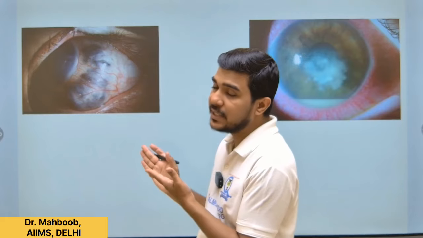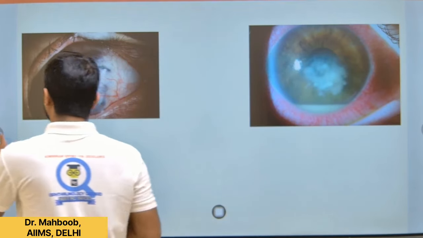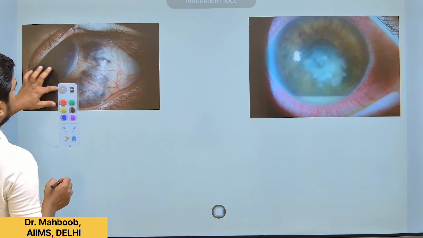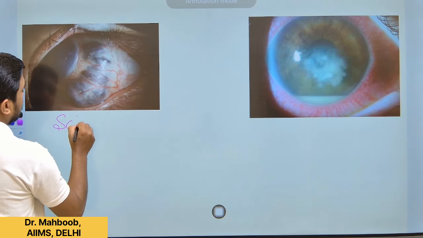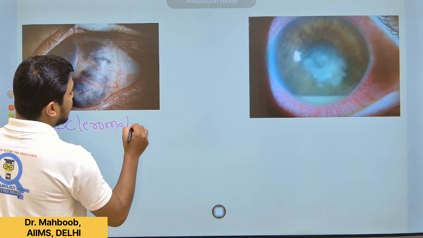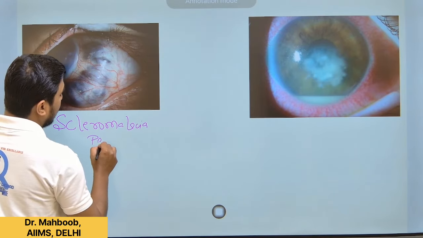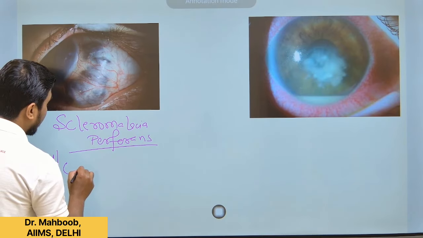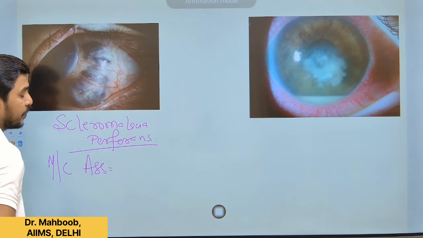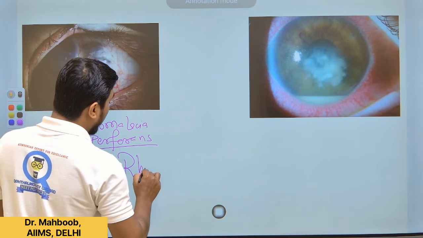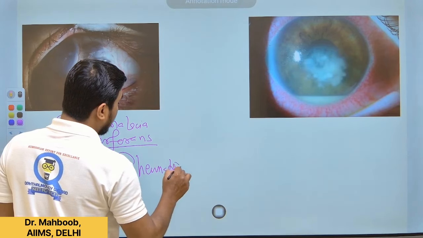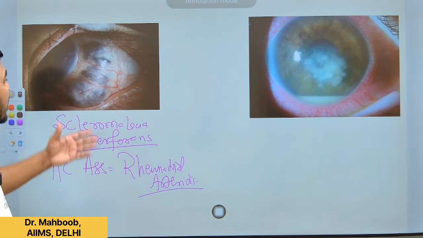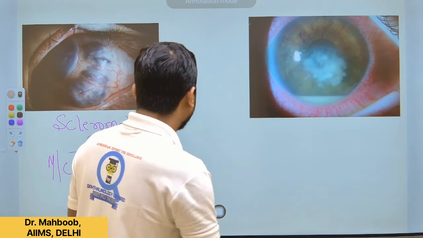So this is a classical picture of scleromalacia perforans, and most common association क्या है इसका? Most common association is rheumatoid arthritis. So it can rupture from here, it can cause the anterior staphyloma here. So it's very important to understand this.